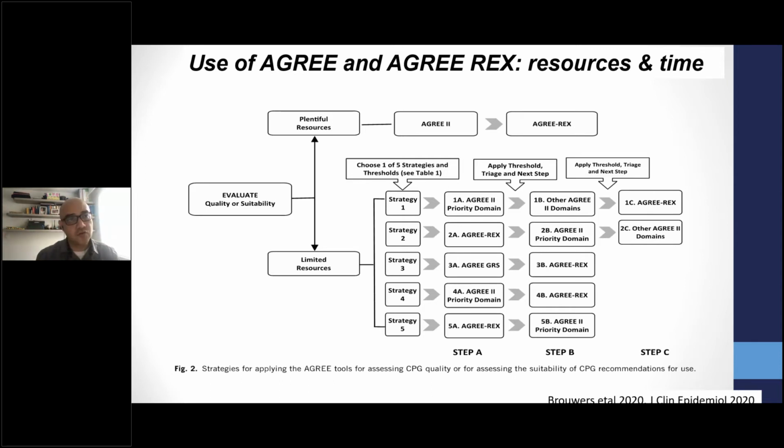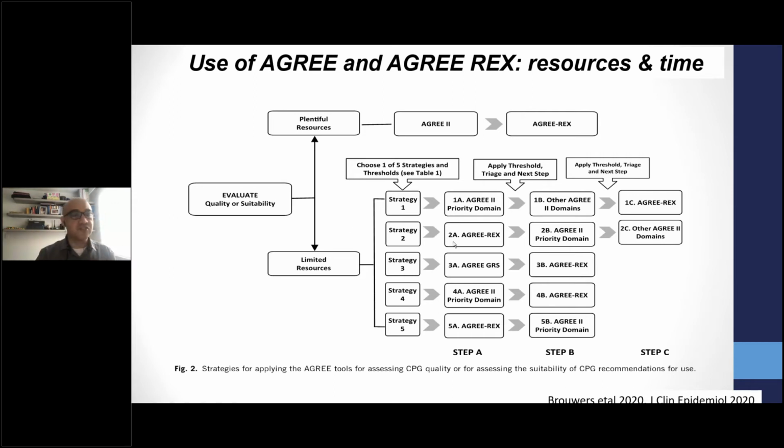This figure, I'm not going to go in depth because of time, is that sometimes you need to apply AGREE or AGREE-REX to 20, 30, or 50 guidelines, and there are several approaches that you could use. You could use AGREE-REX, which is a shortcut tool, to select the best 5, and when you have the best 5, then you apply the AGREE II, which is a little bit longer tool.